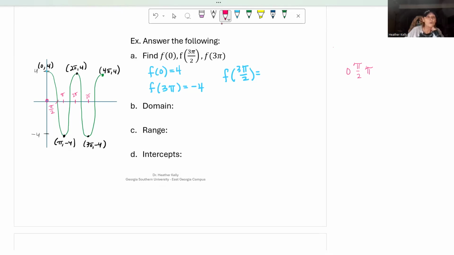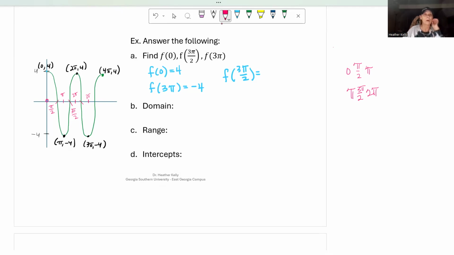Now, what happens between 1 and 2? Between 1 and 2, we have 3 halves, right? So between pi and 2 pi, we have 3 pi halves. And now we can kind of start seeing the pattern and counting it. 0, a half, 1, 3 halves, 2.